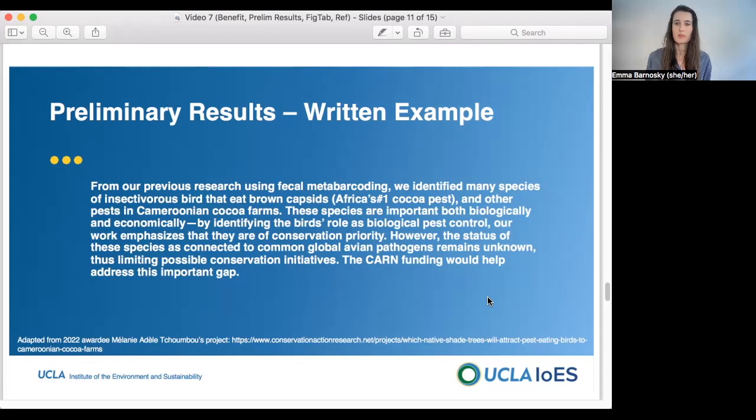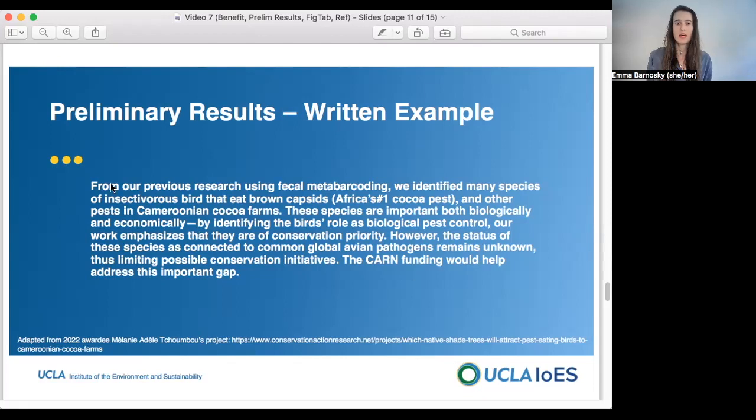These species are important both biologically and economically. By identifying the birds' role as biological pest control, our work emphasizes that they are of conservation priority. However, the status of these species as connected to common global avian pathogens remains unknown, thus limiting possible conservation initiatives. The CARN funding would help address this important gap."